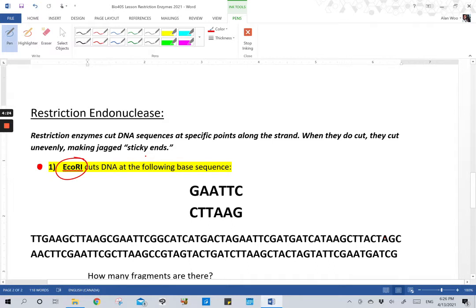It's easier to just read the top portion. The bottom portion simply matches what bases I have at the top via Chargaff's rule.